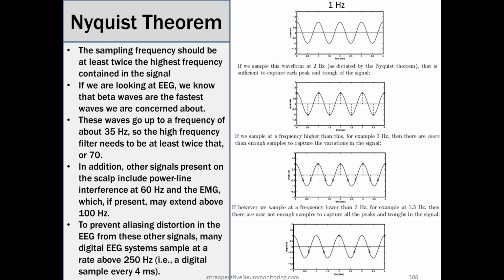If we sample at a frequency higher than this, for example 3 Hz, then there are more than enough samples to capture the variations in the signal. If, however, we sample at a frequency lower than 2 Hz, for example 1.5 Hz, then there's now not enough samples to capture all the peaks and all the troughs in the signal, which we see in the very last picture.